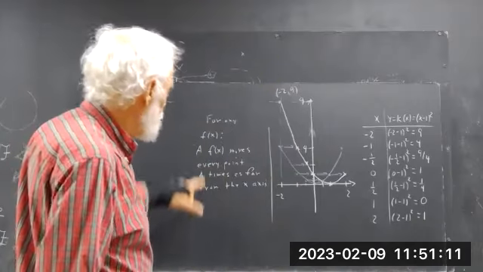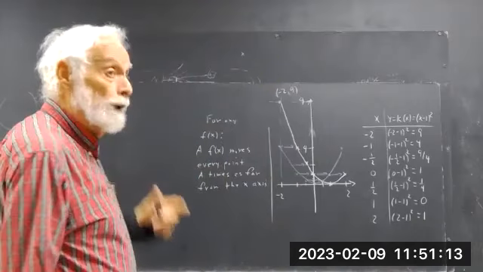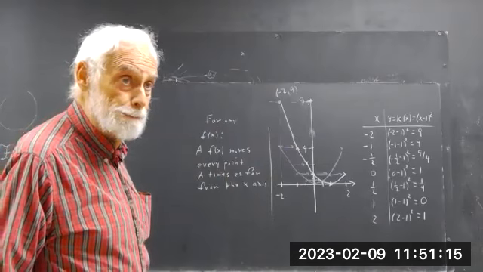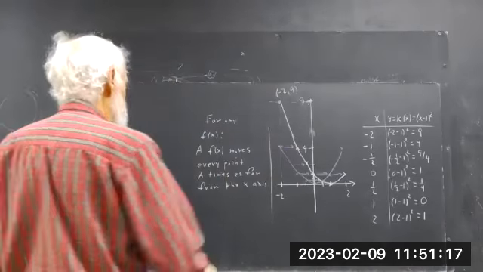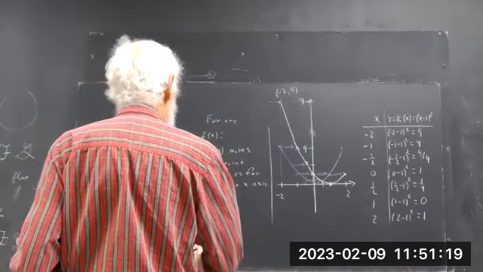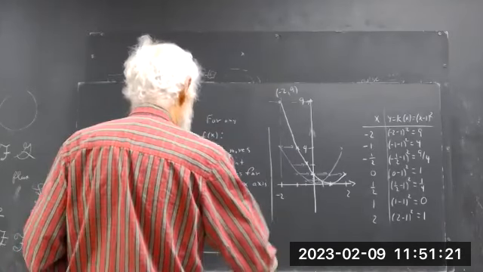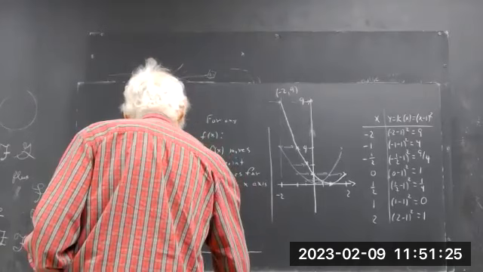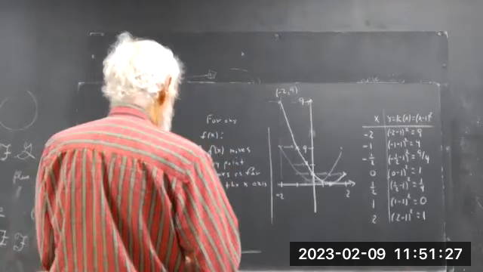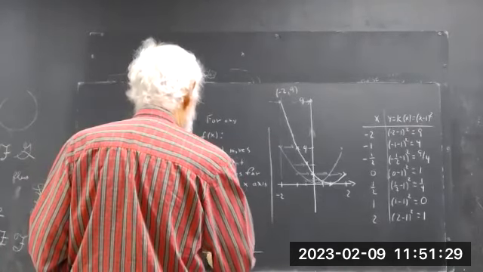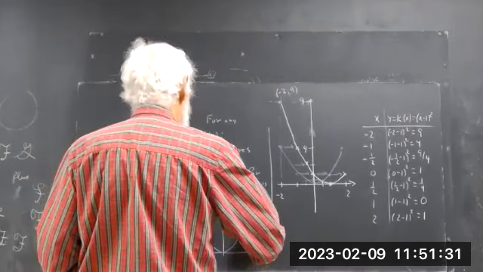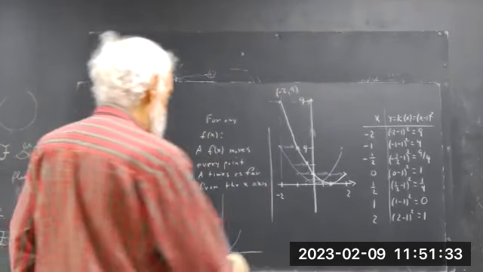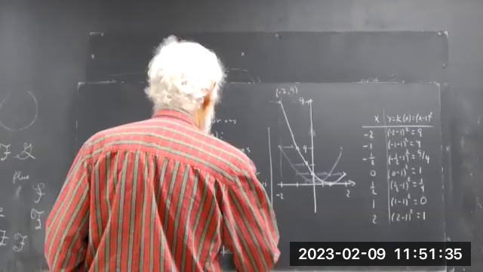A times f of x moves every point a times as far from the x-axis. So for example, if you have the graph of x squared, I'm going to draw this without doing any points. Here's the graph of x squared.